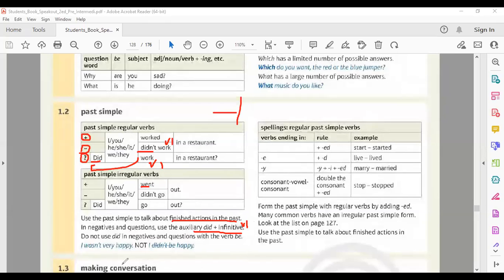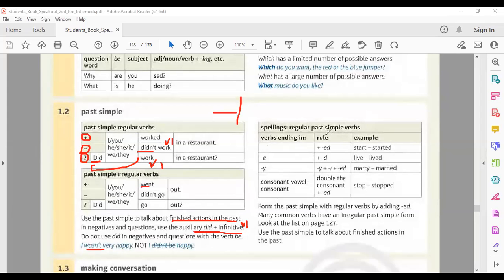So yes, here verb to be can be used to describe a person or an appearance in the past as well. So you can say I was happy. This is a past simple sentence. To make it negative, you just say I wasn't happy. Okay, you don't say I didn't be happy. This is wrong.